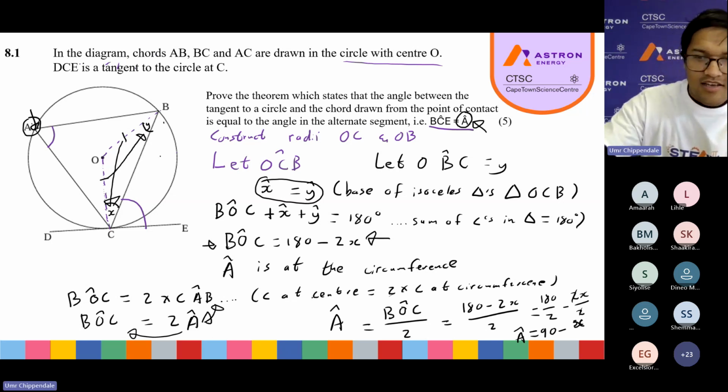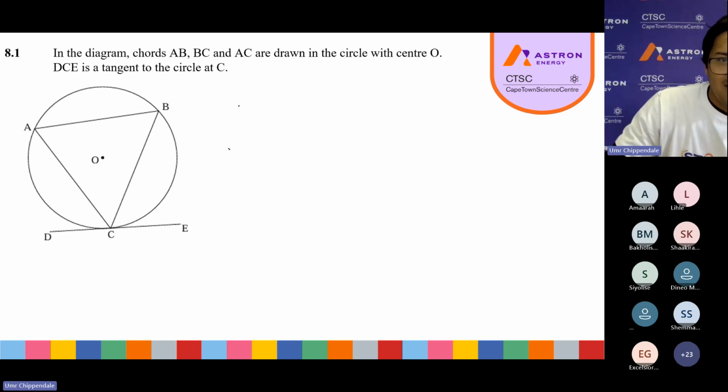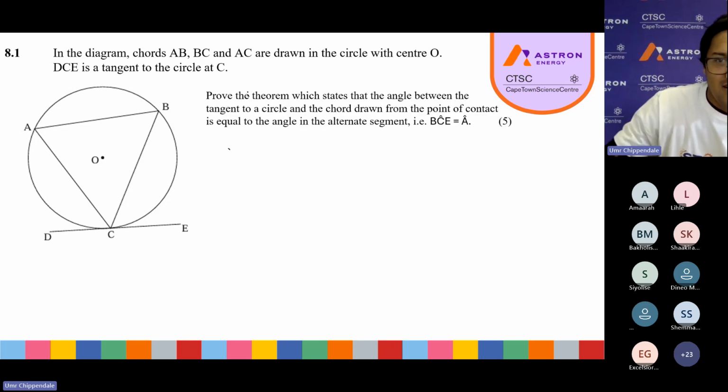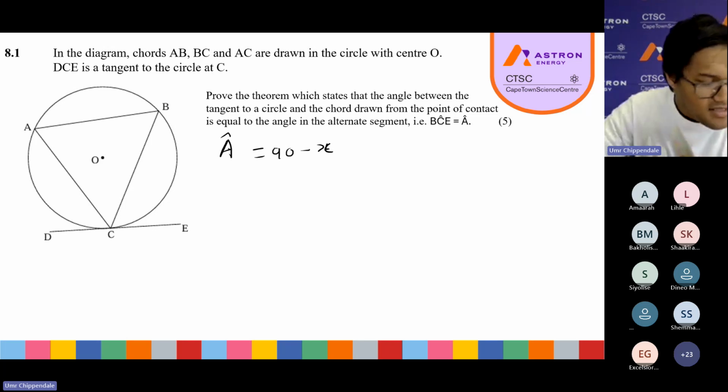Righto. So we're not done. This is worth 5 marks, so it is quite a long one. So therefore, angle A is equal to 90 minus x. So far, so good. So now we can see that angle C is between the chord and the tangent, which is this over here.